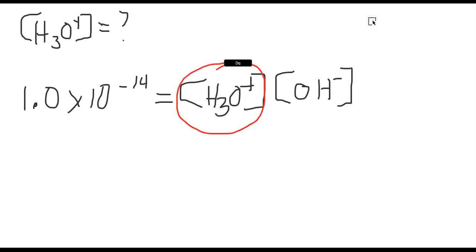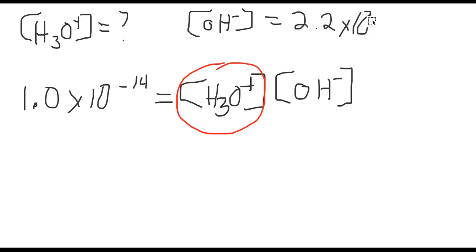So we want to get that by itself. And they actually gave us the concentration of the OH minus ions. So OH minus, my hydroxide ions, they said the concentration was 2.2 times 10 to the negative 9th molar.